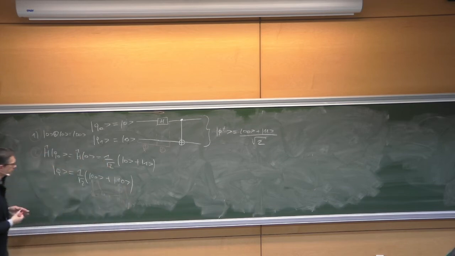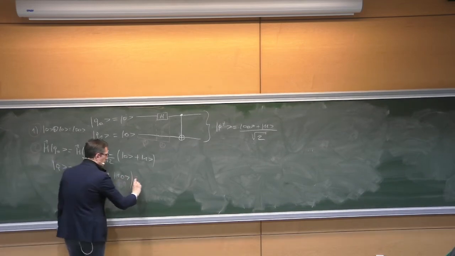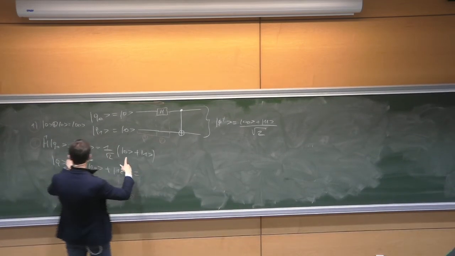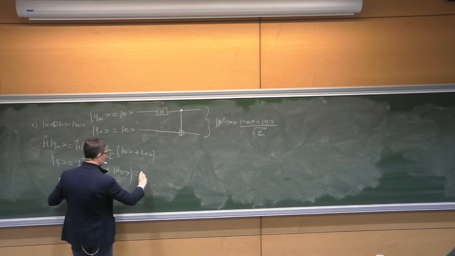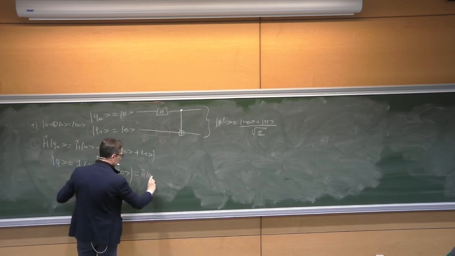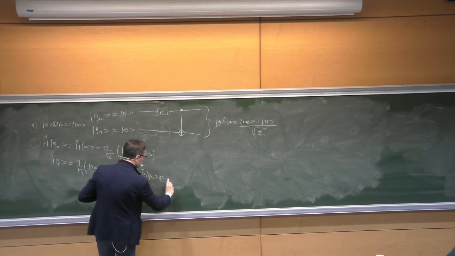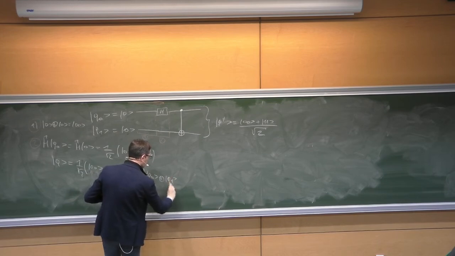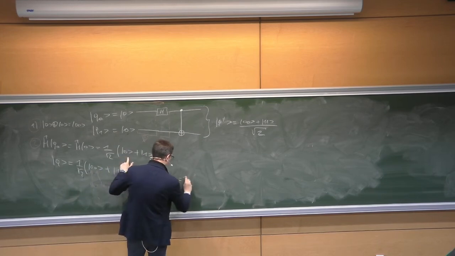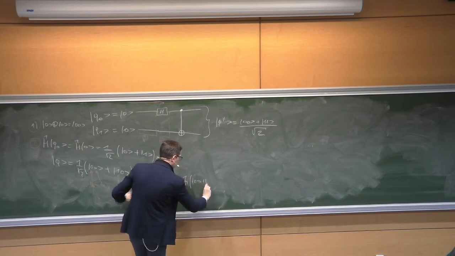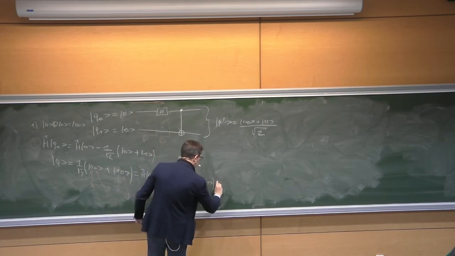So in other words, this is H on Q0 tensor product Q1. Therefore, it's 1 over square root of 2, 0 plus 1, tensor product 0.